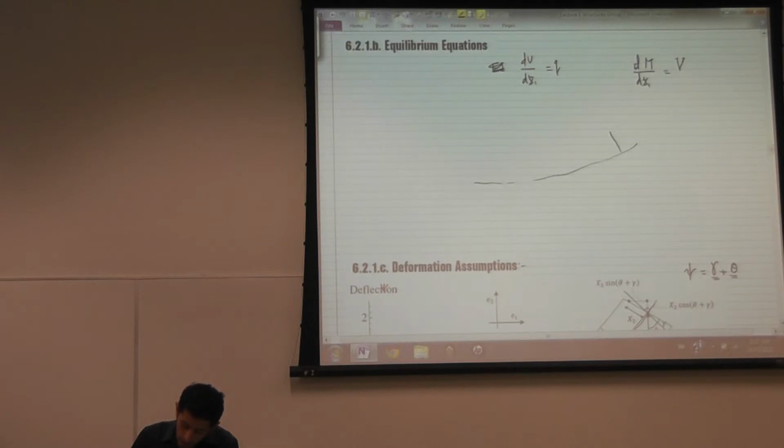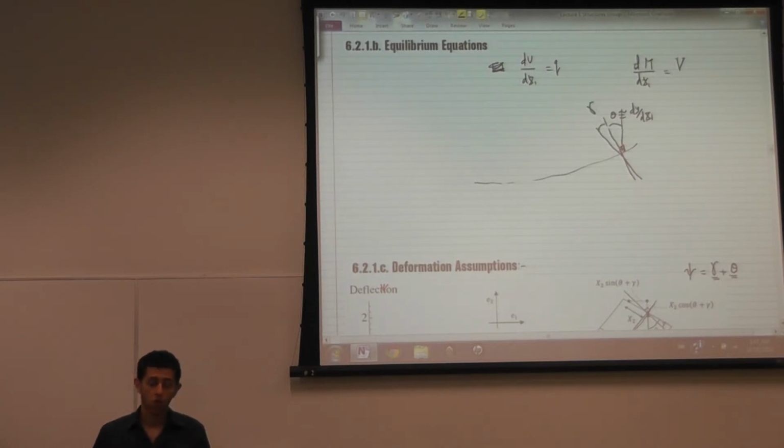Then this is theta, which is almost equal to dy by dx because of the small deformation, assuming this is 90. But beyond this, we also assume that the cross-section has deformed a little bit more, which is gamma, or the shear angle. And so the total cross-section deformation is equal to theta plus gamma.